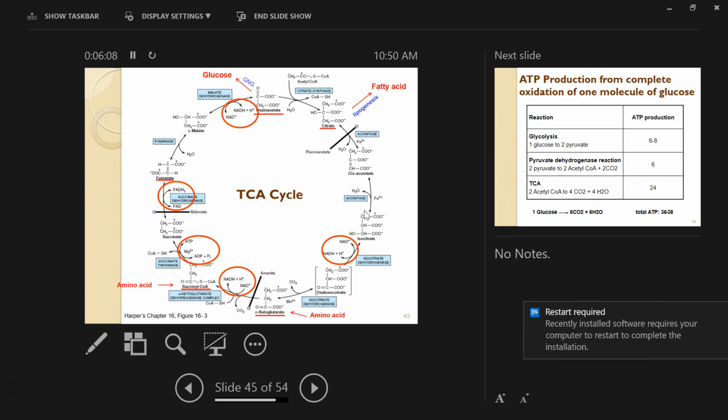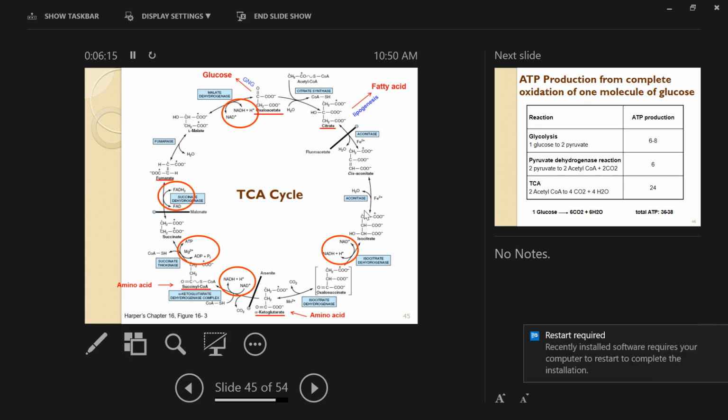And alpha-ketoglutarate is the intermediate converted from glutamate, the amino acid, and it can enter the TCA cycle and generate oxaloacetate, and enter gluconeogenesis.